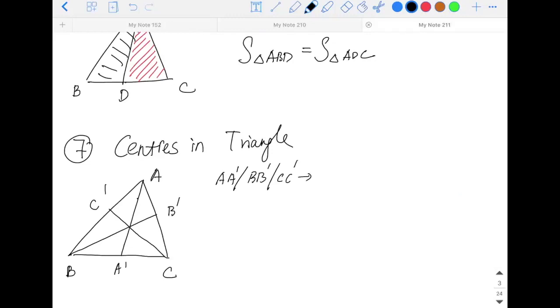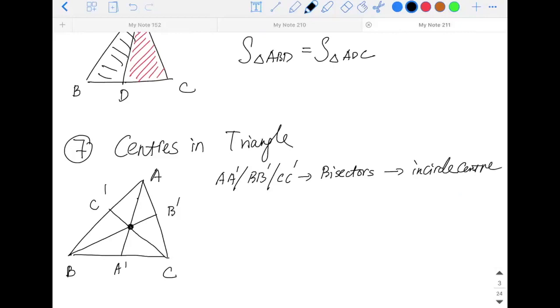They are all bisectors. So the 3 bisectors of a triangle will intersect at one point. This point we call the incircle center.